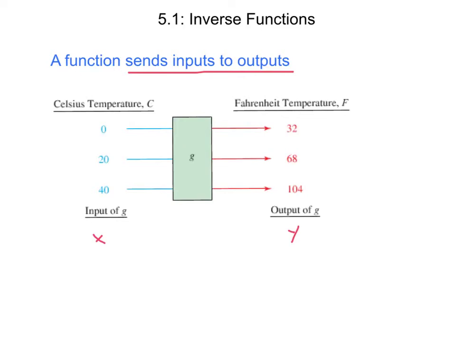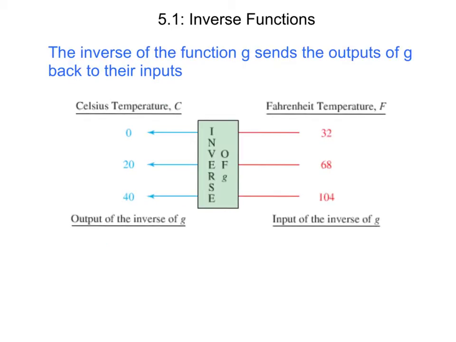Now, an inverse function does the reverse of this. It sends the outputs of the original function back to its inputs. So here's a picture of the inverse of the function g. Notice this green box represents the inverse of the function g.